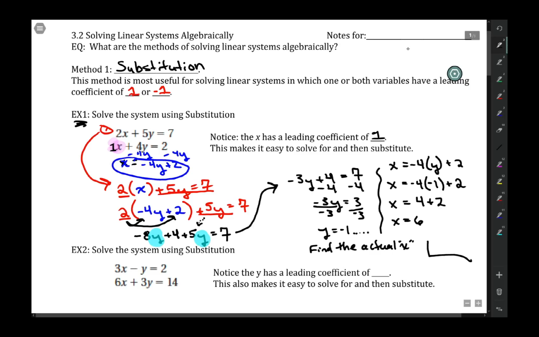The solution then, remembering how to write it out, is (6, -1). This would be a good point to double check your answer by substituting into the original.